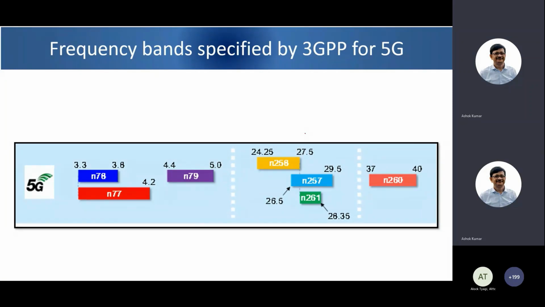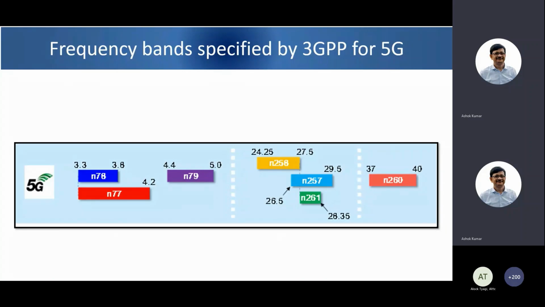Now that ITU has identified additional bands, 3GPP developed 5G technology as part of their Release 15, and thereafter they have gone to Release 16 and 17 as of now. They identified two frequency ranges.